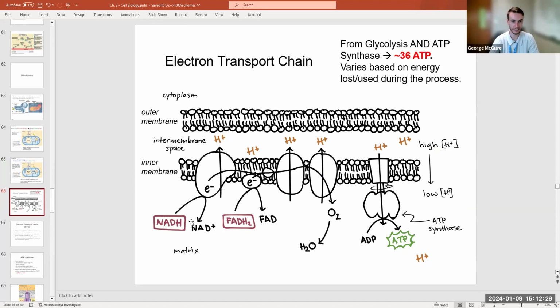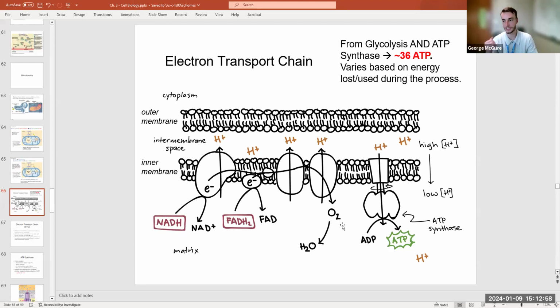Essentially, the electron carrier molecules are going to donate their electrons to a series of proteins along this inner membrane called the electron transport chain. The electrons move from protein to protein down this chain, thus the name. We're transporting electrons across a chain. They will move from one protein to the next until eventually they end up on oxygen.